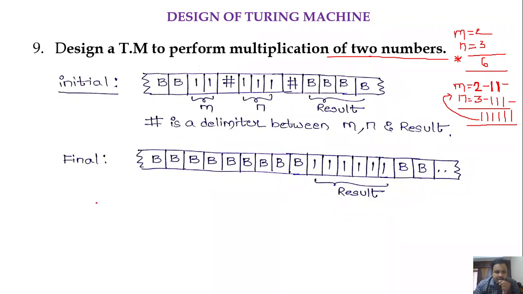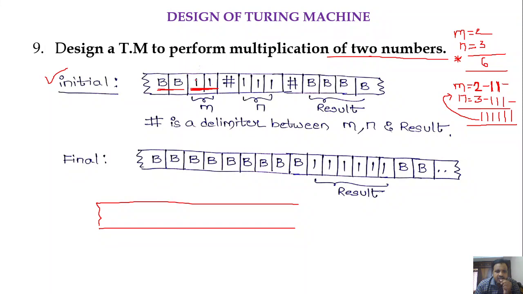Let me consider the input tape. If you see this first diagram, this is the input tape that I am considering for storing the m value, n value, and result. Some of the cells consist of blanks. After that I am storing the m value in certain cells.